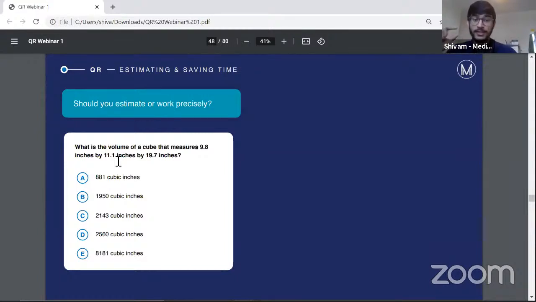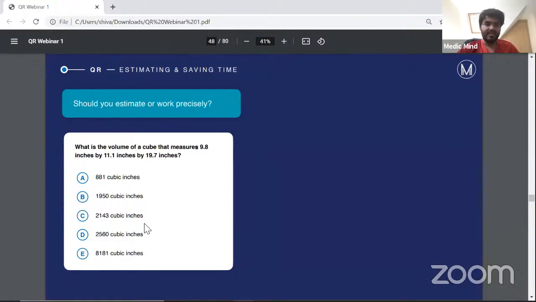It's not going to be hugely over. It's going to be quite close to 2,200, but 2,200 is going to be an overestimate of what the answer is. So what I would go for here is C, 2,143, because that's quite close to 2,200, but it's lower. It's an underestimate of 2,200.